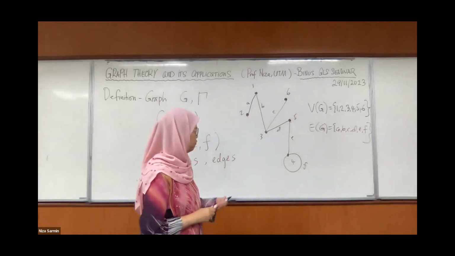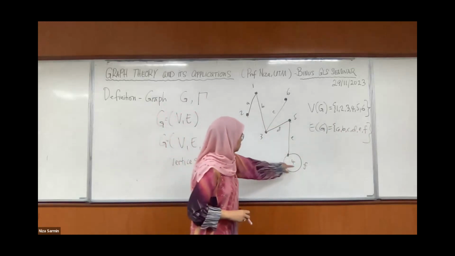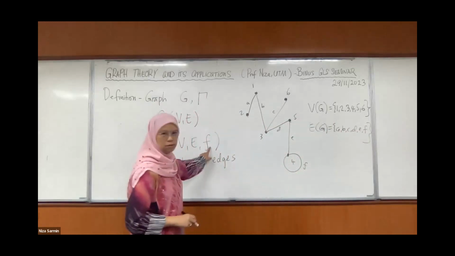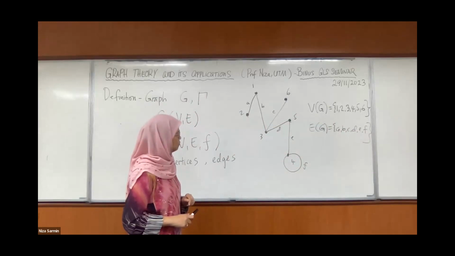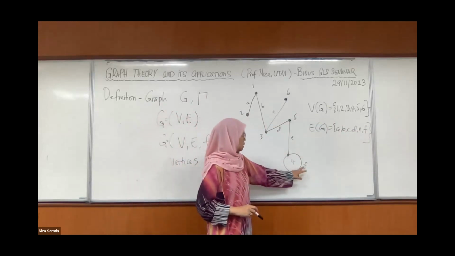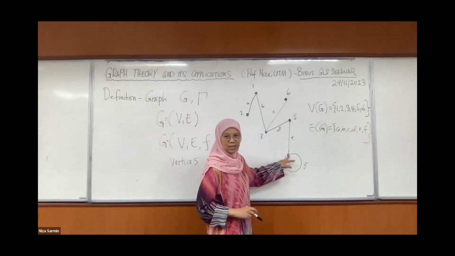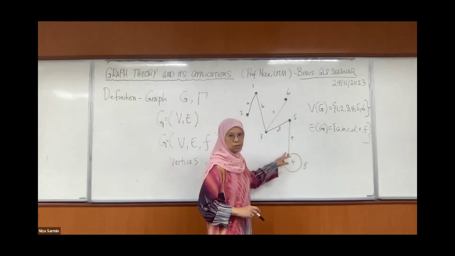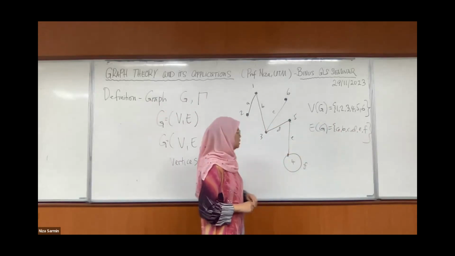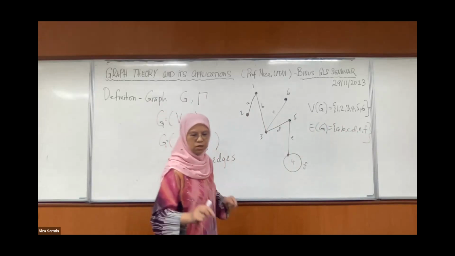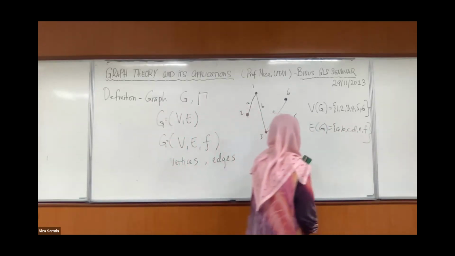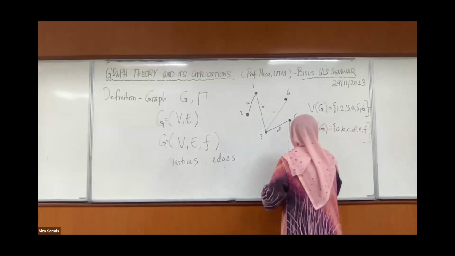Okay, this F is not this F, yeah? Sorry, it's a little bit confusing. This is called a loop, where you go from the same vertex to itself. Sometimes, let me change the notation, because there is F there.